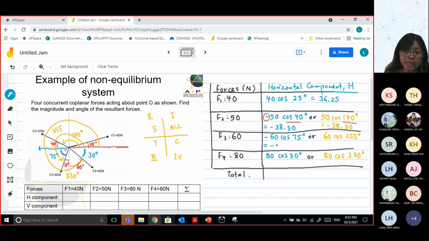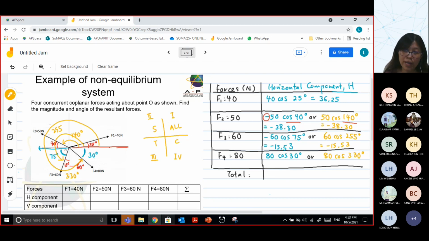So the next one is negative 15.53. Of course, if you calculate 60 times cos 255, you get negative 15.53 as well, so definitely they must be the same answer.